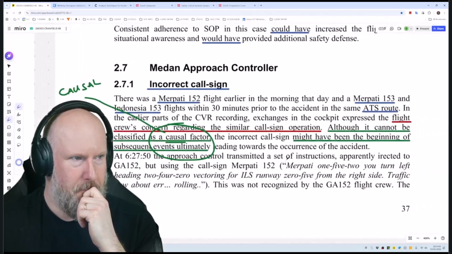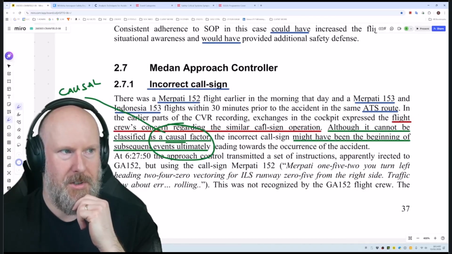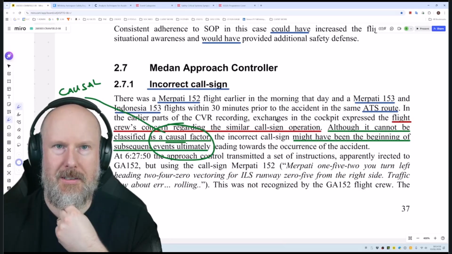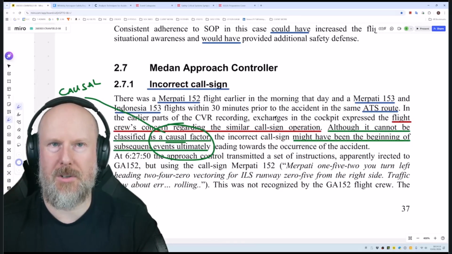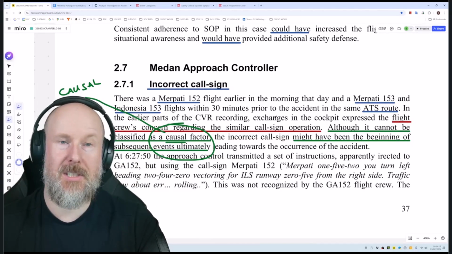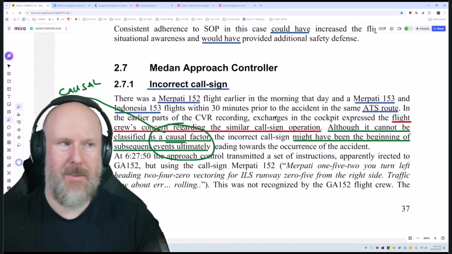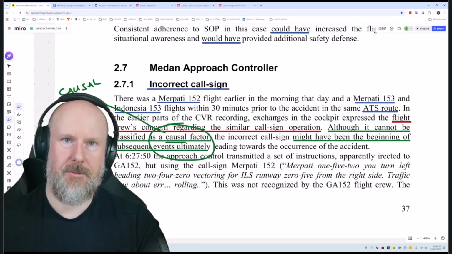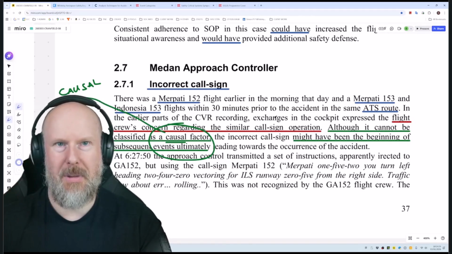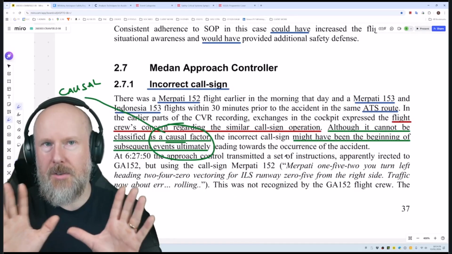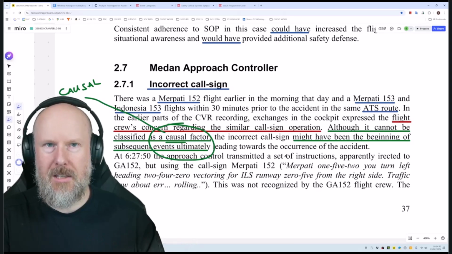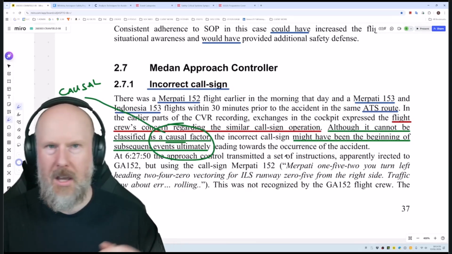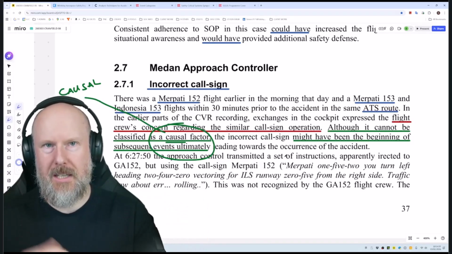And of course, having issues with similar call signs can cause delays and extra workload in the various feedback loops across the control structure. And so there's definitely a contribution, but whether you want to label it as a causal factor, I think is a bit of an academic conversation. No disrespect to the way other investigators do this and the language that they use, but I don't really think it's helpful having an argument about whether it's got this particular label or that one.